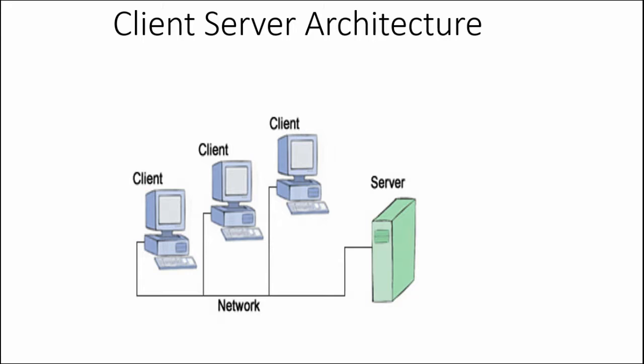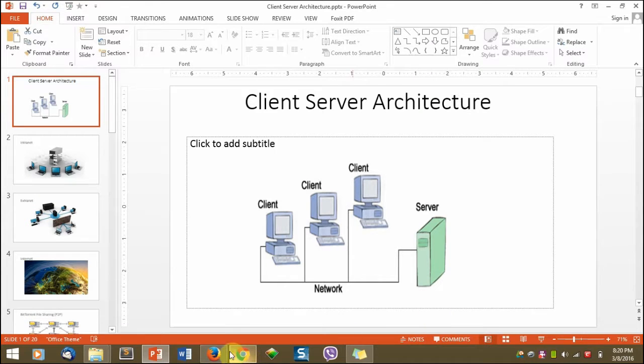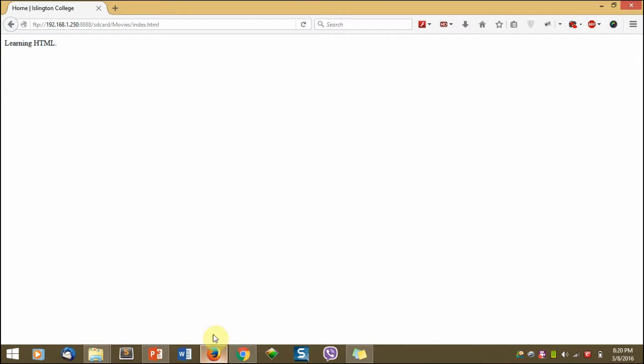Now I want to show something to you that could be helpful in order to understand client server architecture. Moving on, see over here, last time this is the address that is provided by Software Data Cable, and this is the FTP address of my mobile phone.